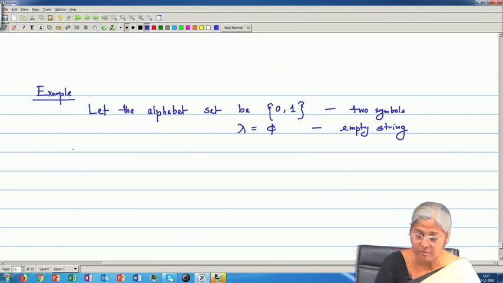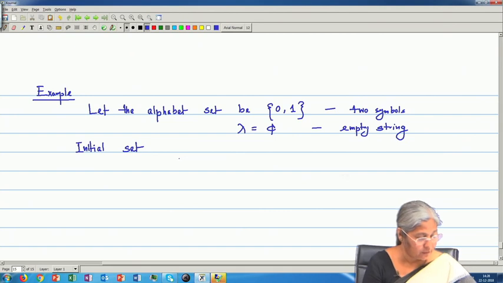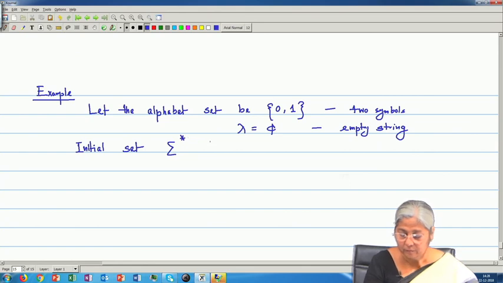So, how do we generate that? What will be the set? So, the initial set is sigma star is lambda.